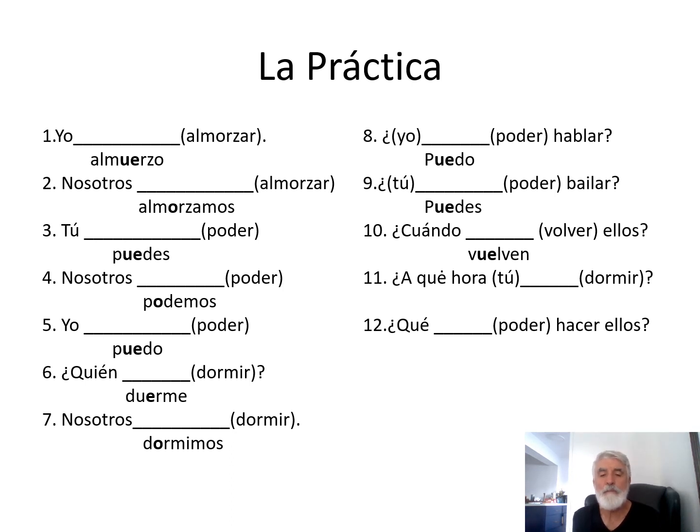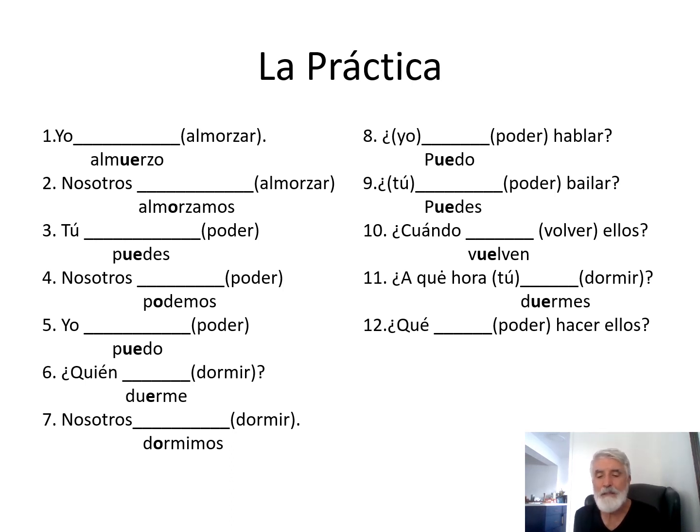Look at 11. We want to ask an at what time question, and it's at what time do you sleep? Will there be a stem change when we conjugate dormir? Yes, because it's tú. ¿A qué hora duermes? And finally, here we're using poder again with another verb.